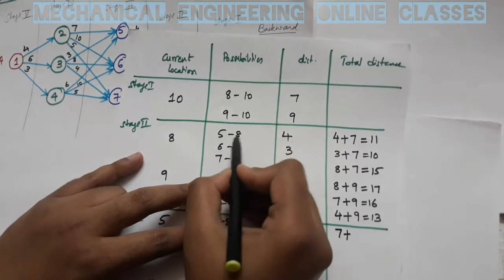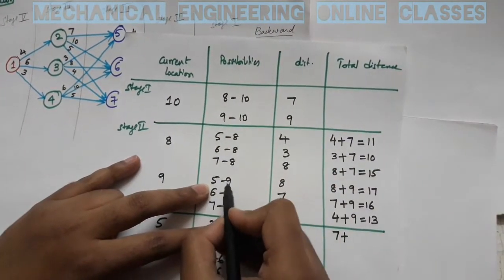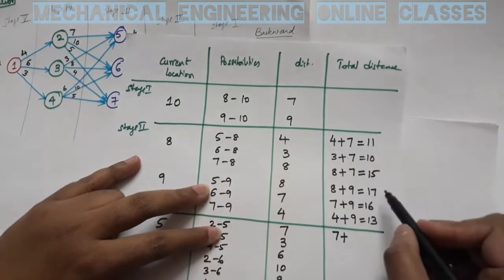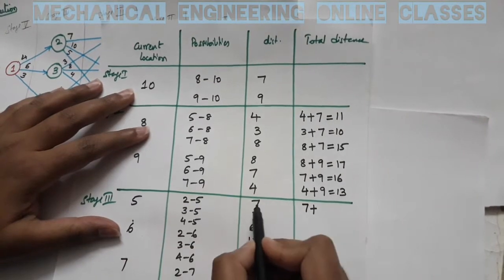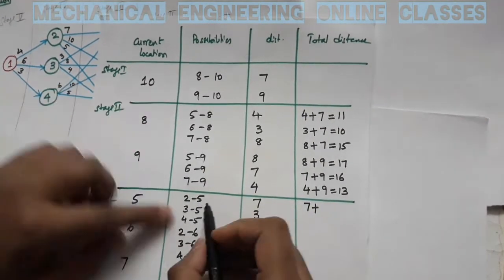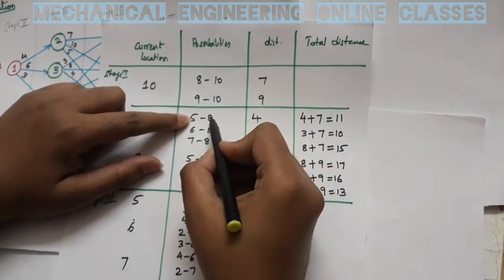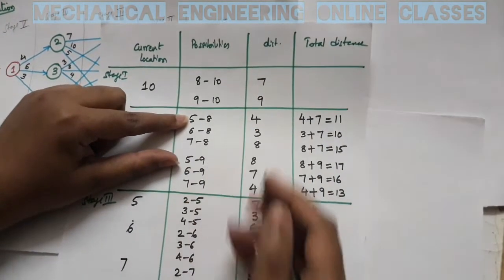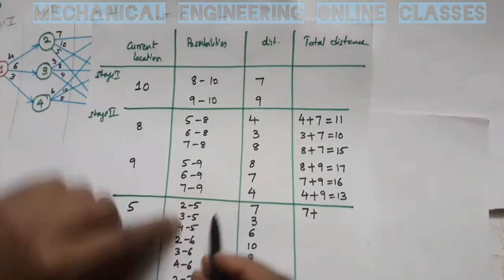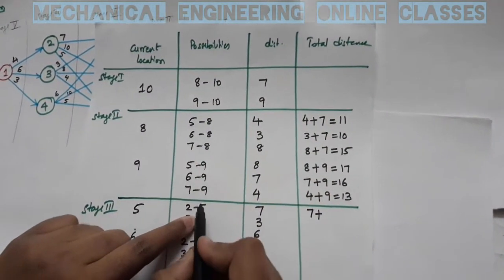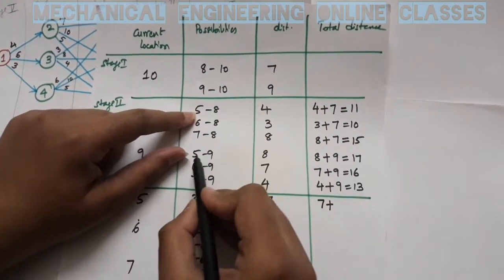In 5 to 8 there is 8 to 10 also in the total distance, and in 5 to 9 there is 9 to 10 also. So this 2 to 5 is inevitable. This is 7 plus I can go from 5 to 8 or 9. That means I can go to 10 via 8 or 9 when I am also passing through 5. So 5 to 8 and 5 to 9 must be checked.